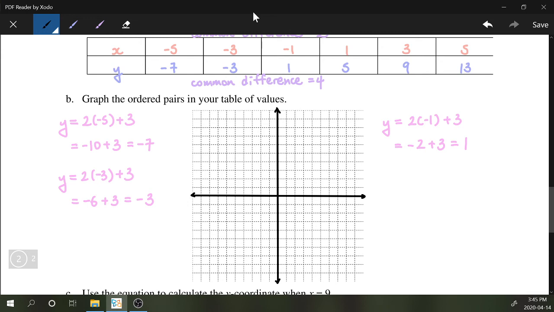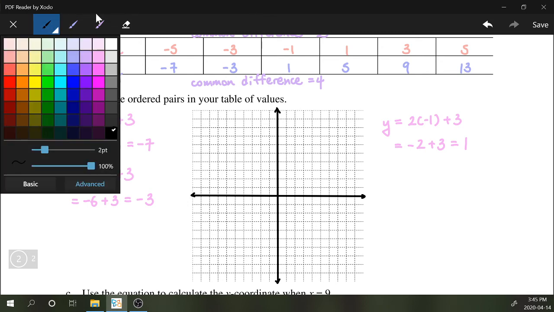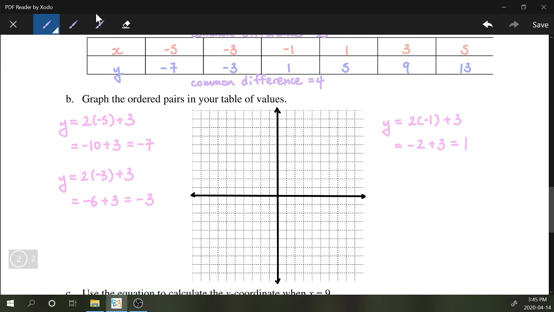All right, so plotting the points from left to right, we have negative 5, so 1, 2, 3, 4, 5, and then down 7 spaces, 1, 2, 3, 4, 5, 6, 7. So this is where our first point will go.